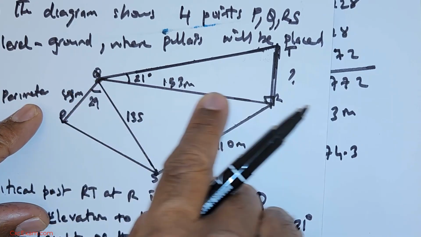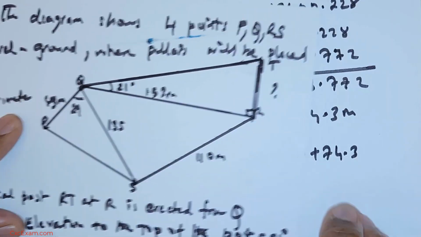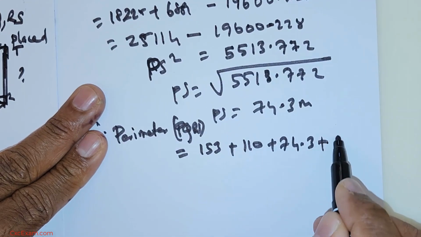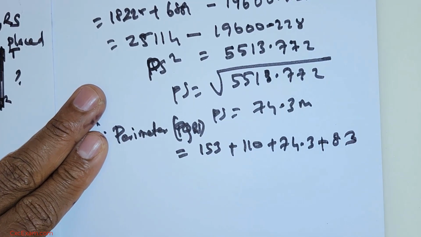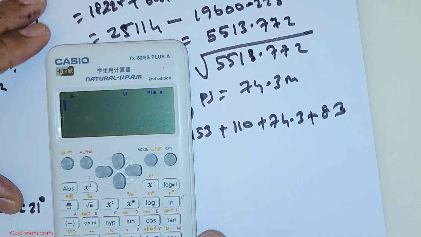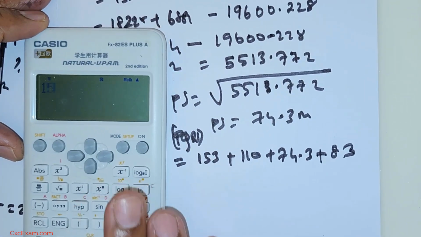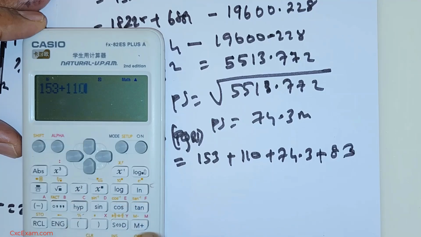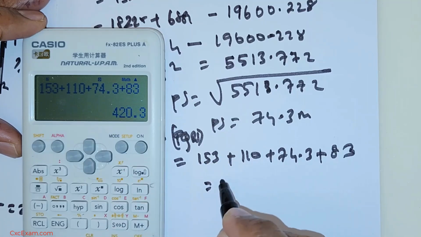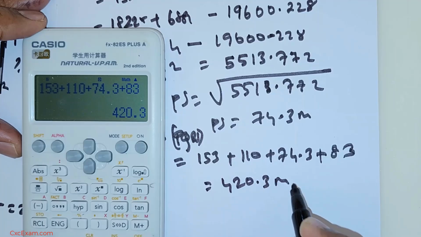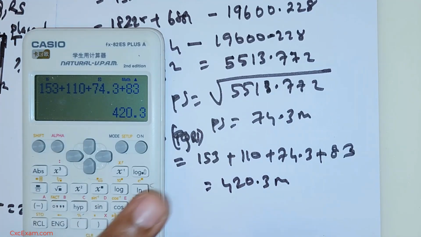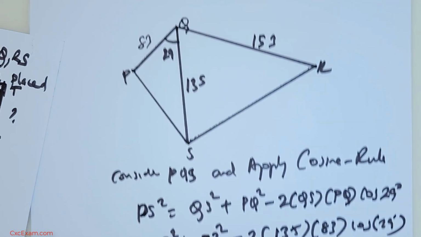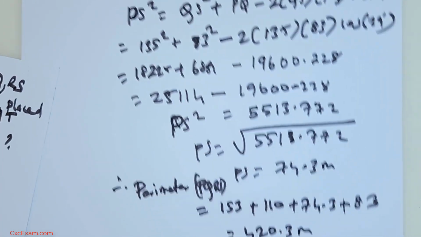We need this, this, this and this, plus 83. So take a calculator and add this. 153 plus 110 plus 74.3 plus 83. What do you get? 420.3 meters. So that's the solution for that question. It's a lovely question, and we move on to the next one.